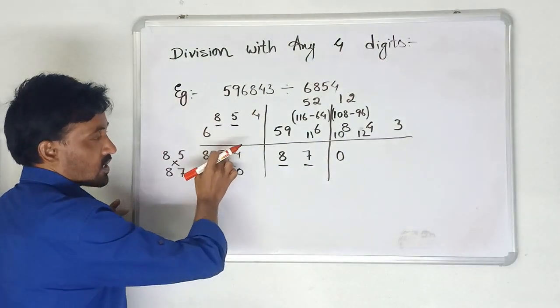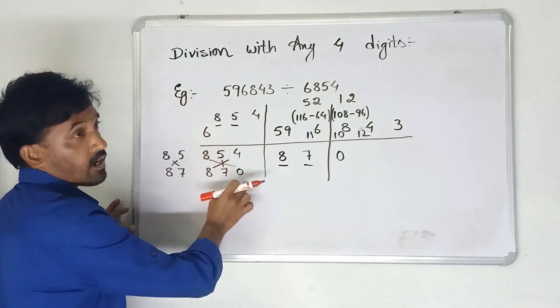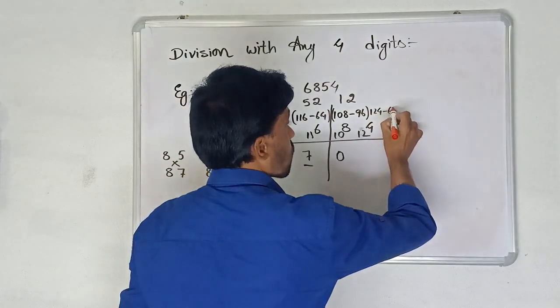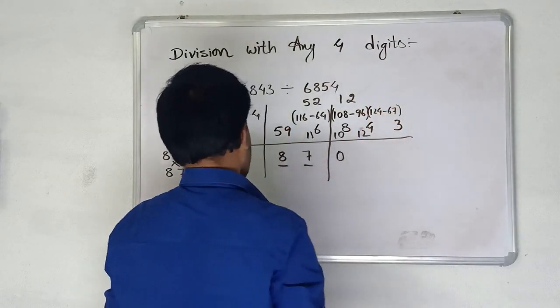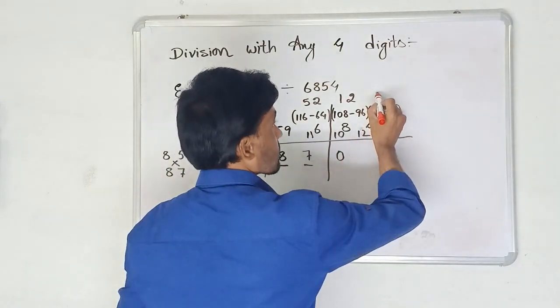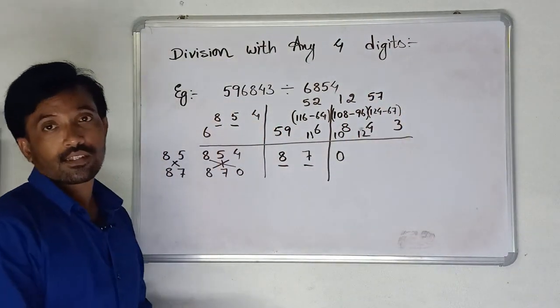Now 4 times 8 is 32, 5 times 7 is 35, giving 67, and 8 times 0 is 0. So 67 is to be subtracted from 124. Like this: 14 minus 7 is 7 and 11 minus 6 is 5. Now the value becomes 57.